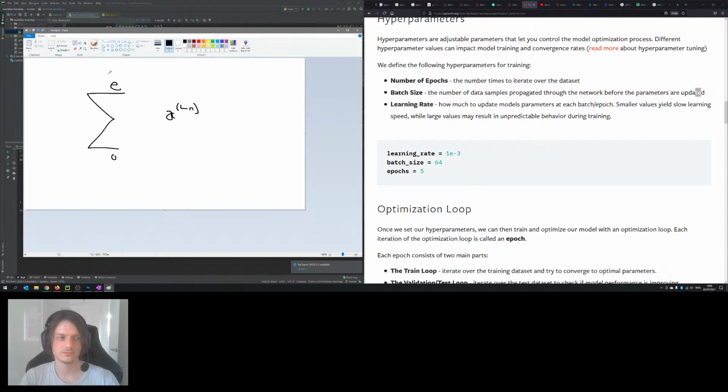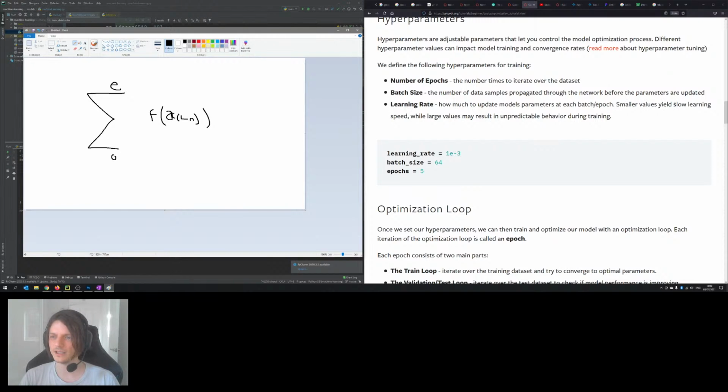And then, actually, let's just do this sub until we need it. Super. And then we've got the number of data samples propagated through the network before the parameters are updated. And then learning rate, how much to update the model's parameters at each batch or epoch. So this is a function of this.